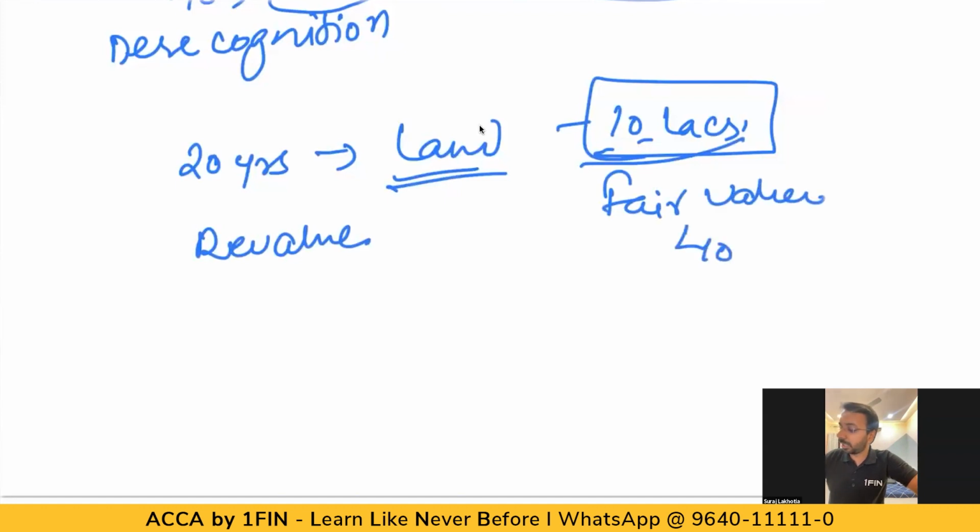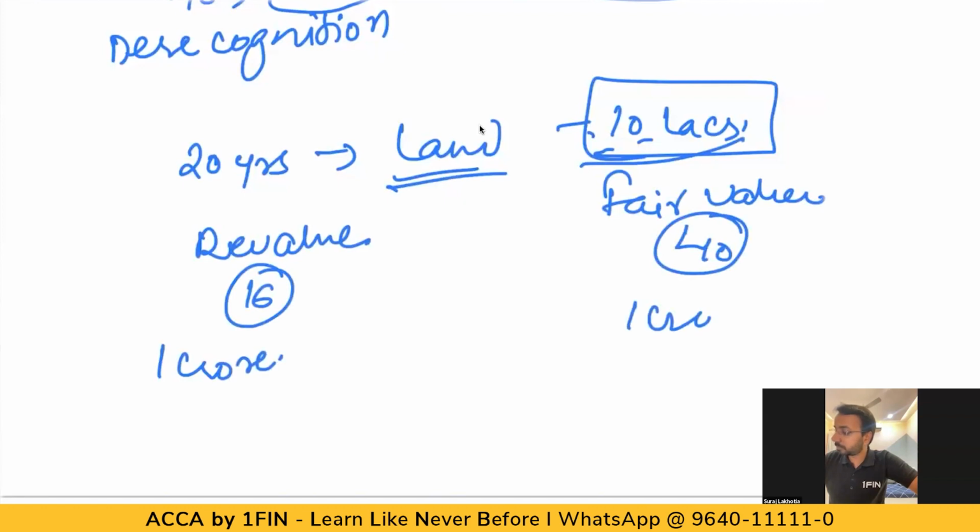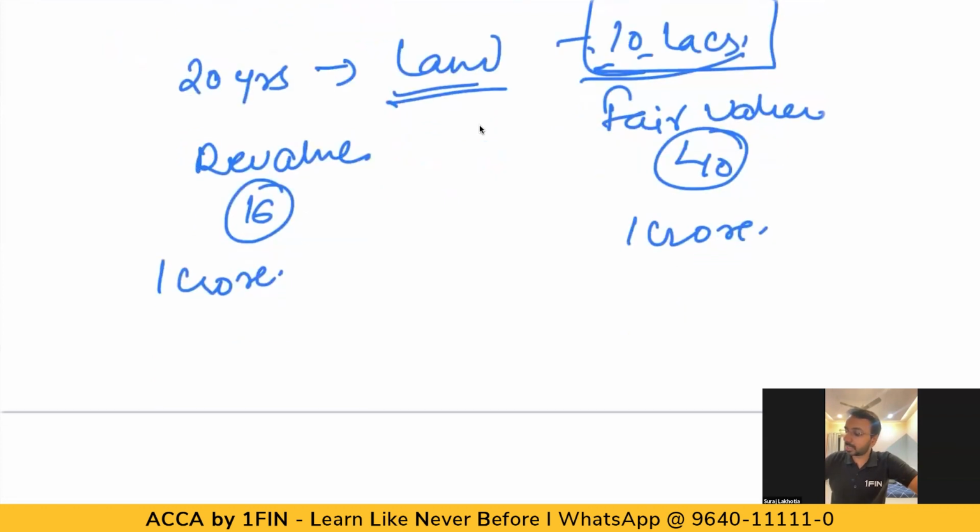Fair value is for IAS 40, revalue is for IAS 16, and bring it to its current fair value. So, for example, 10 lakhs land is worth, let us say, 1 crore. Today the worth is 1 crore. Don't show it at 10 lakhs, show it at 1 crore. Increase the value to 1 crore.